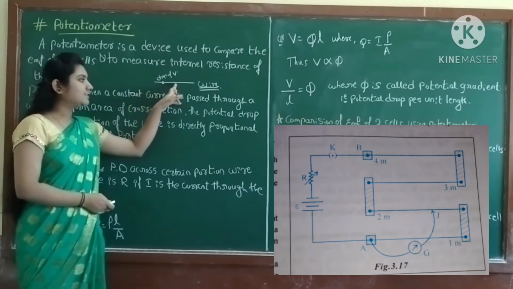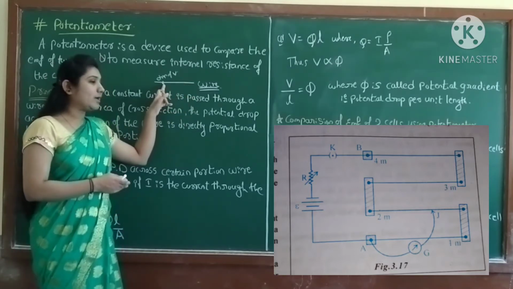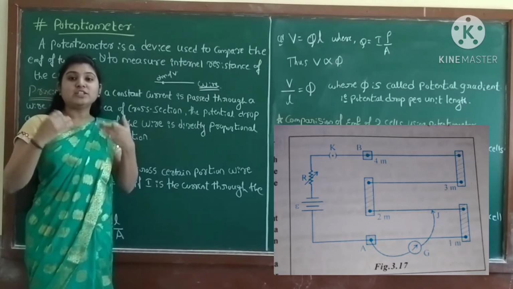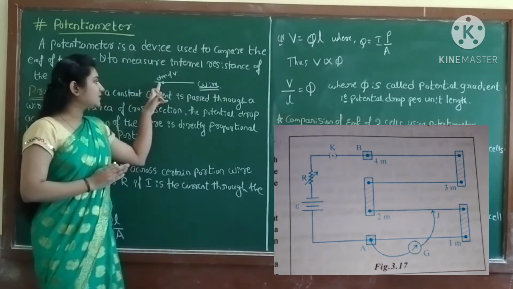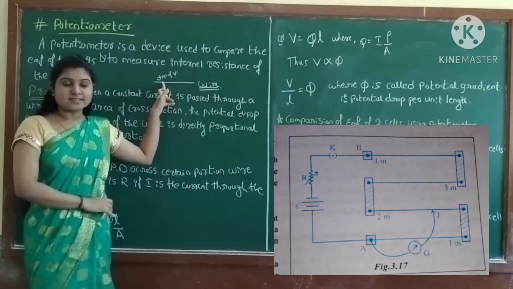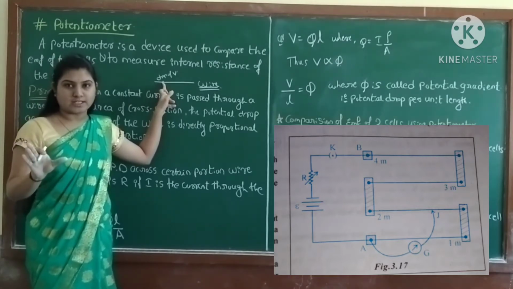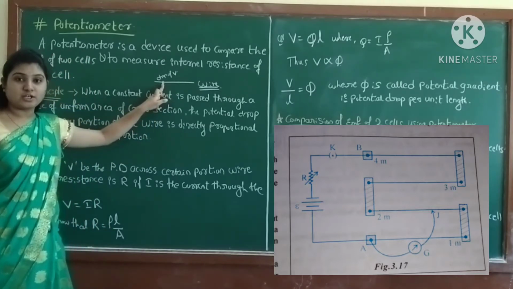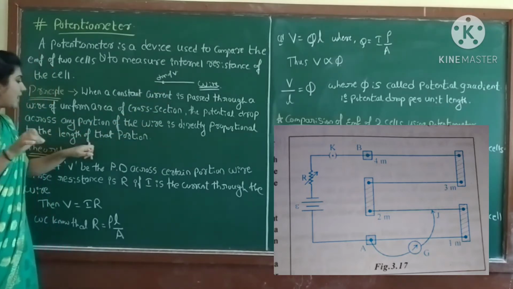If at this point the voltage decreases or increases, potential drop is nothing but the variation of the voltage. So there is a potential drop which is directly proportional to the length of that portion.